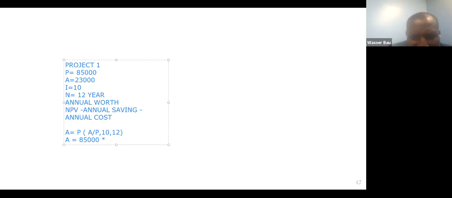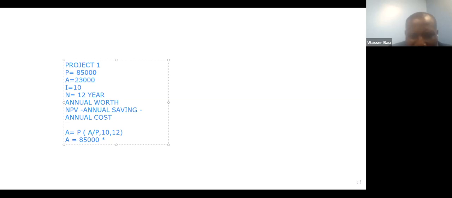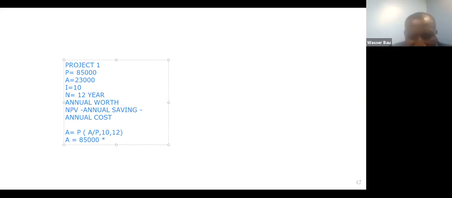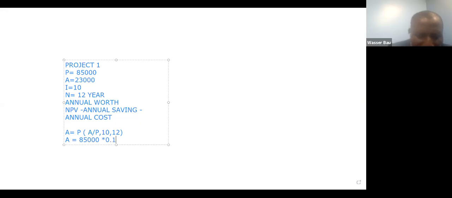The other one is a good observation, but we are doing capital recovery. We are trying to recover and annuitize the capital. Did you understand this, sir? 0.1468. Okay. And what's that value?